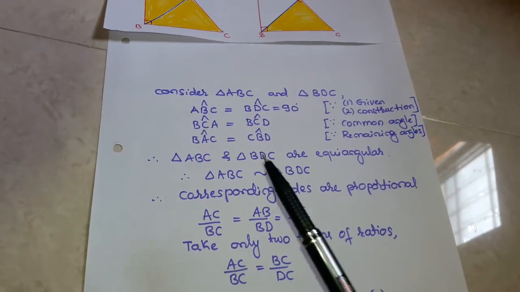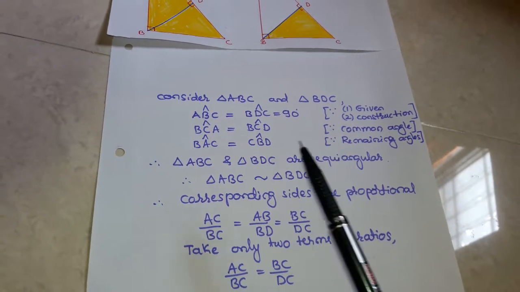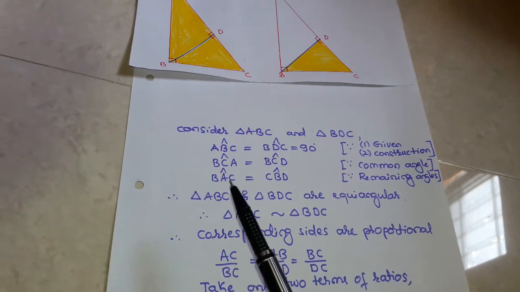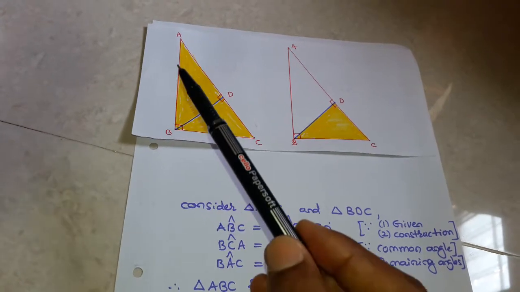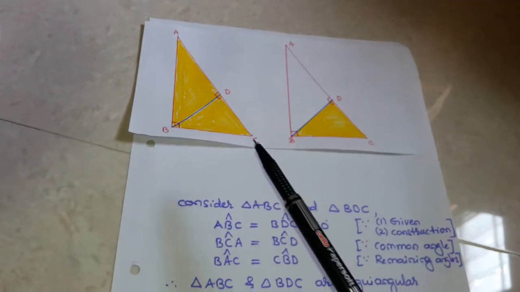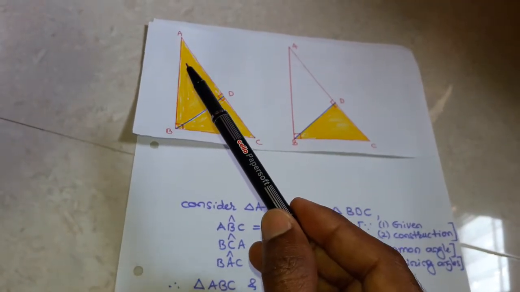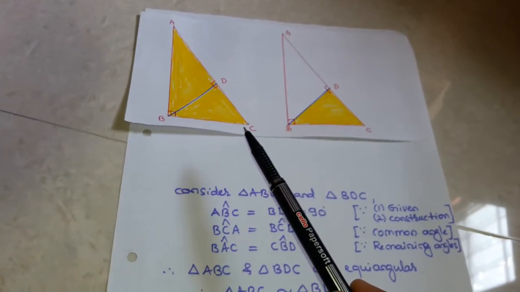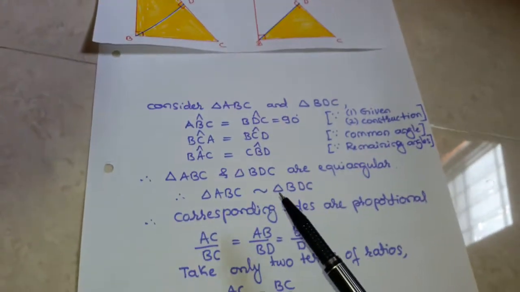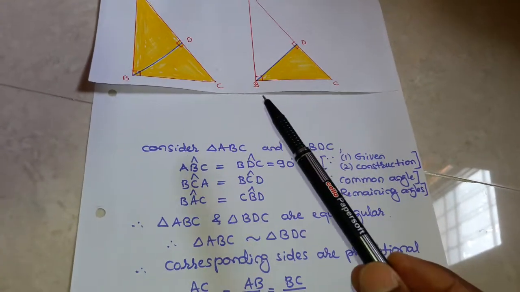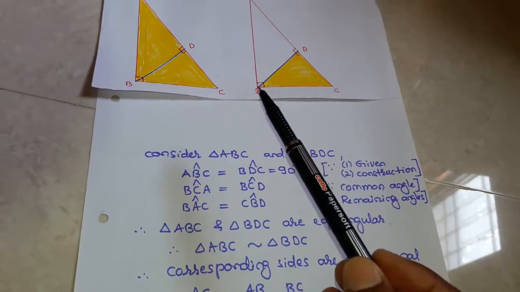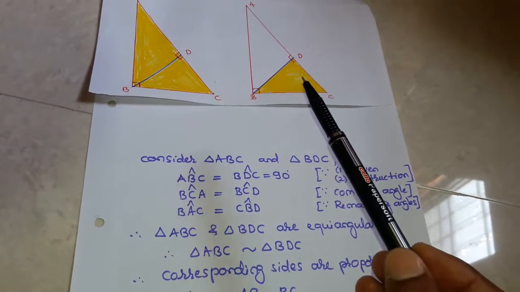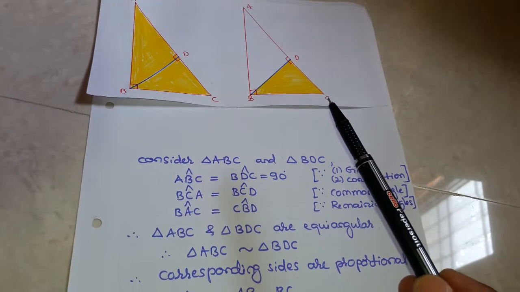In a similar manner, let's make use of these two angles that we have written under remaining angles that are equal. Angle BAC, see this angle, opposite of this angle is BC. Now CBD, see this portion of the angle, opposite of this is DC.